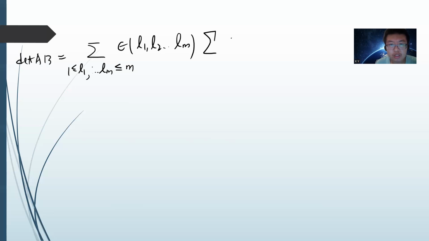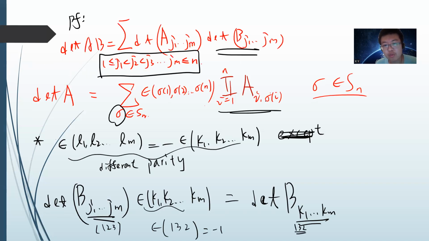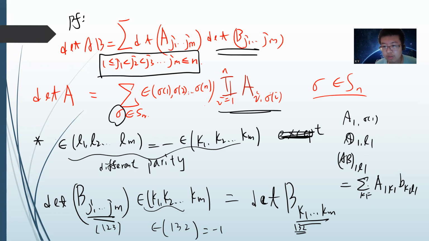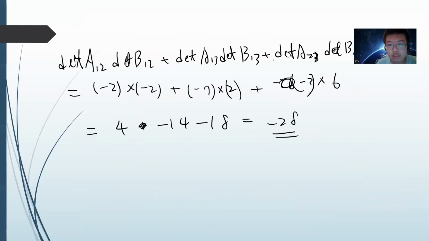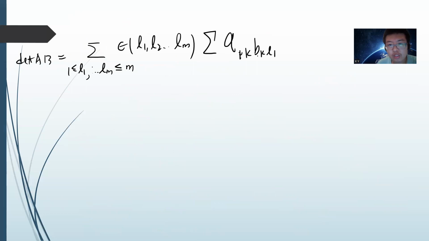Now take AB. It's a product of A 1K, B K L1. By definition, you get AB 1 L1, which is a summation of A1 K1 B K1 L1, with K1 from 1 to N. I will be a little bit sloppy.